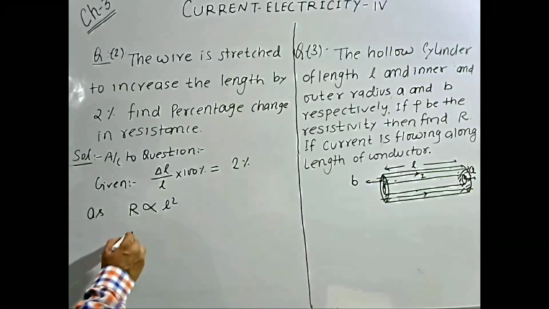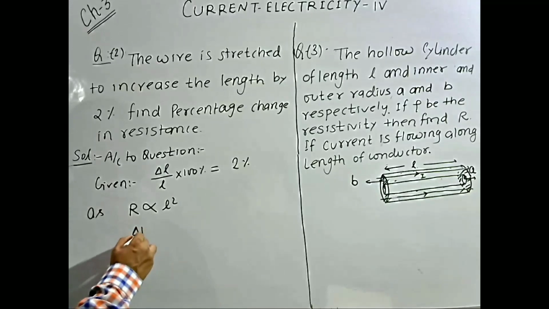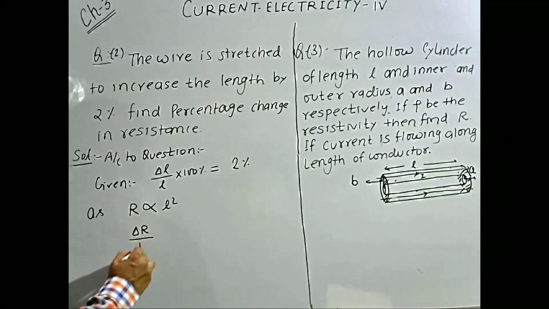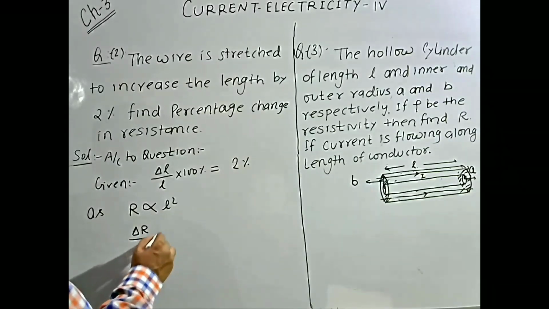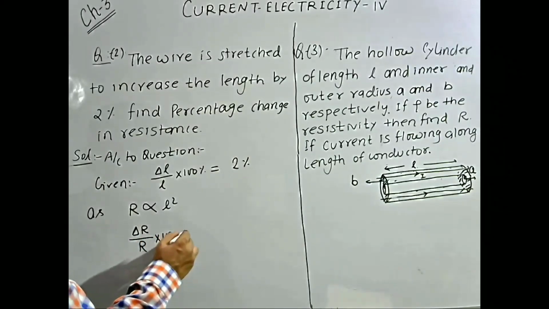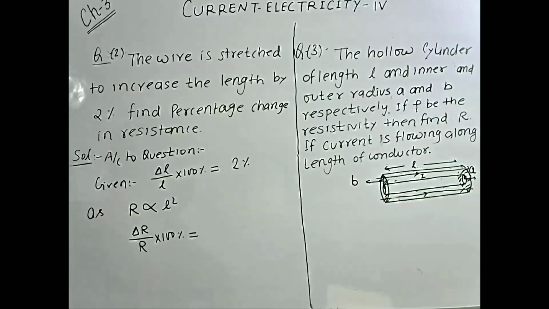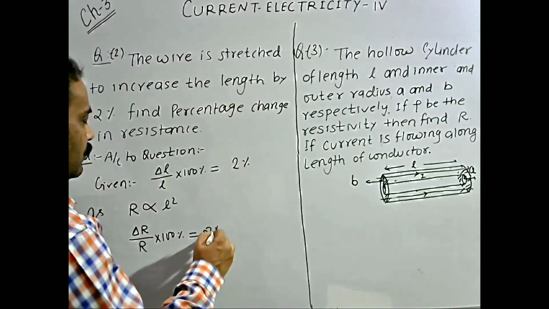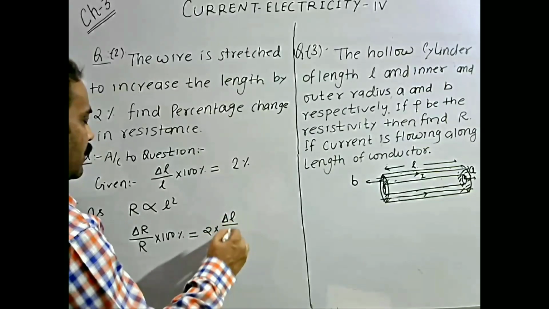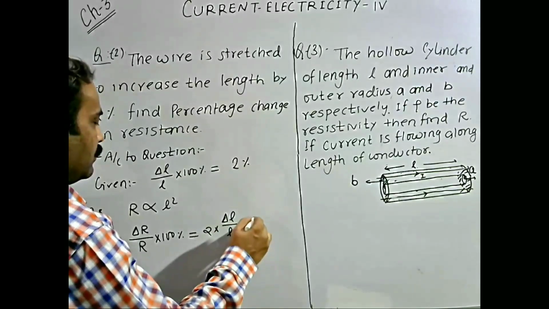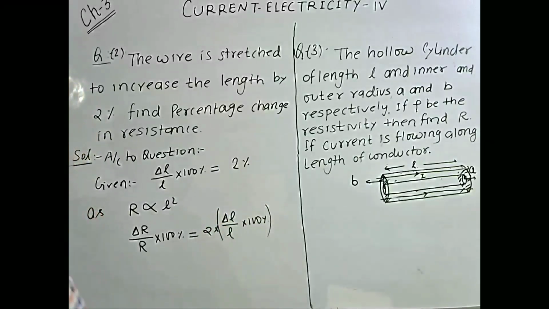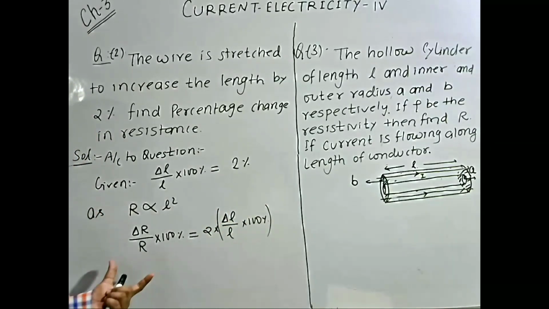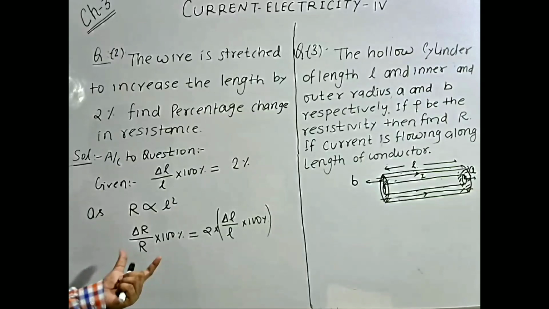Now the percentage change in R can be obtained by del R upon R into 100%, and this is equal to 2 into del L upon L into 100%. Actually it is obtained from error analysis. Clear?